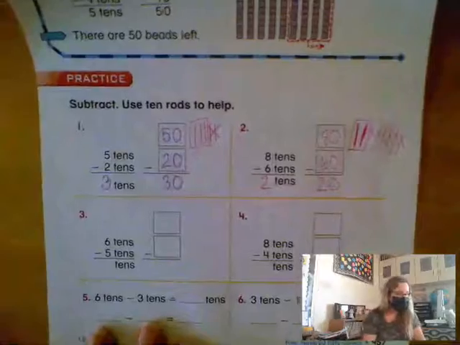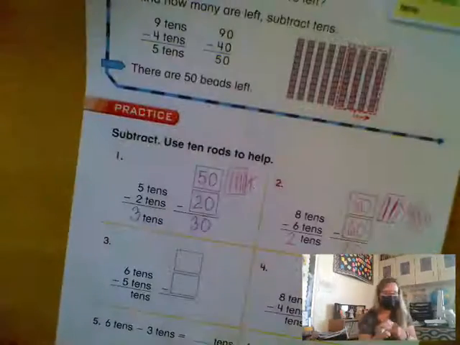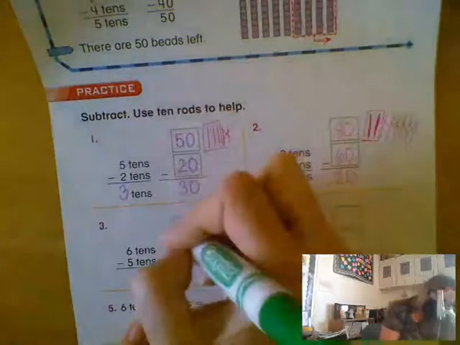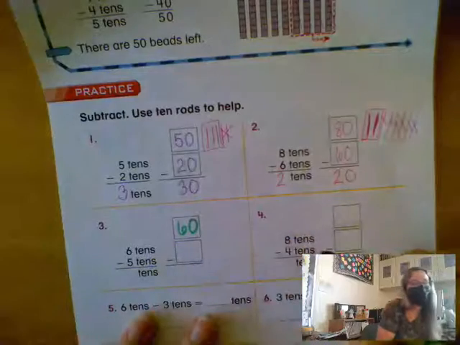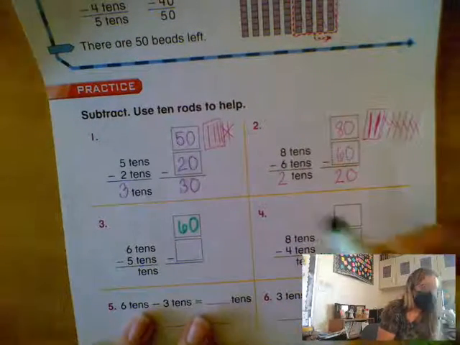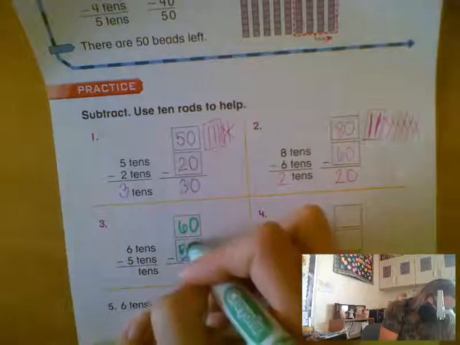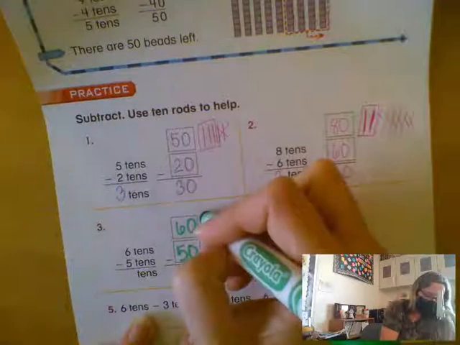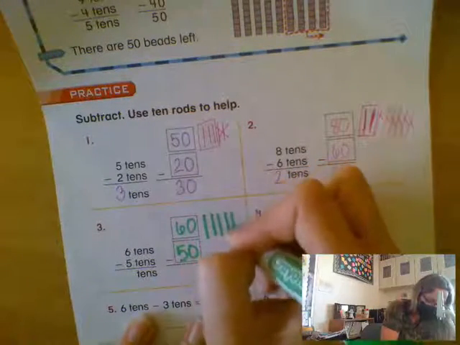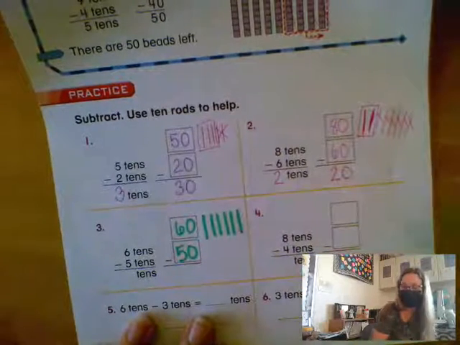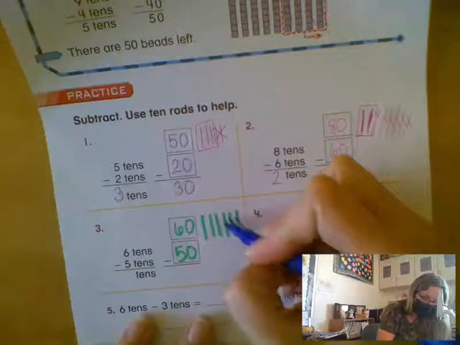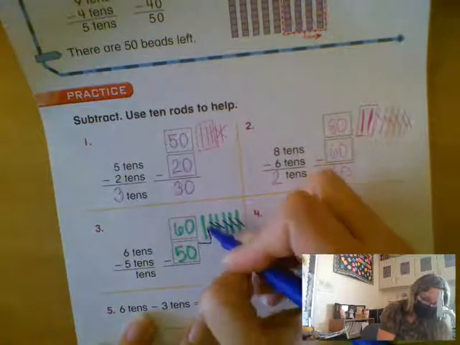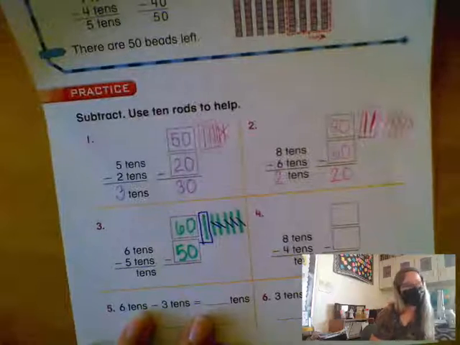All right, Matteo, you're going to do number 3 for us. 6 tens equals how many, Matteo? 60. So everyone can fill in 60. 5 tens equals how many, Matteo? 50. So you can all enter 50. Now, Matteo, if I have 10, 20, 30, 40, 50, 60, that's 6 tens, and I take away 10, 20, 30, 40, 50, how many tens do I have left? 10?